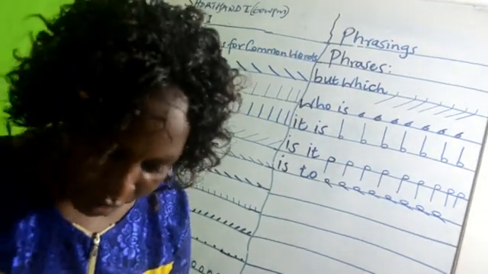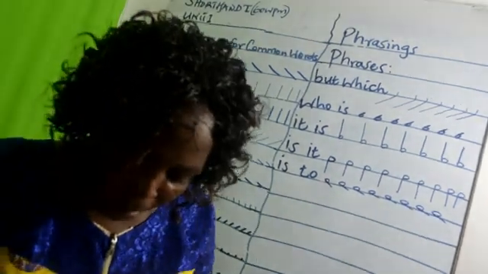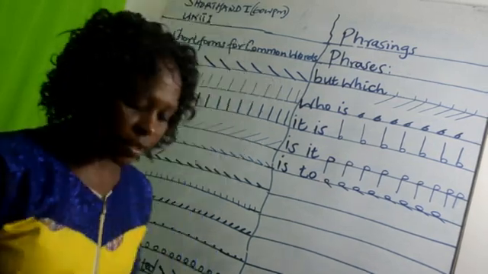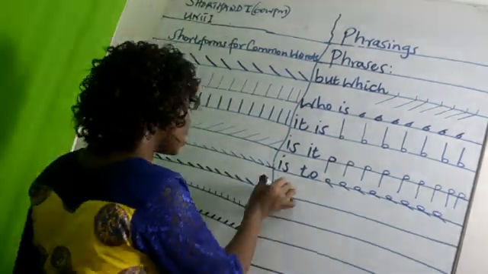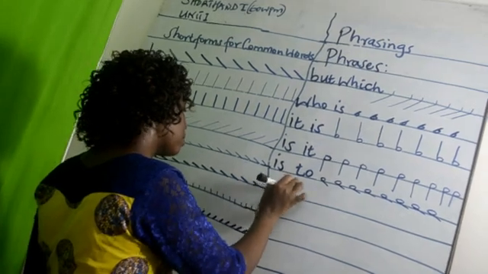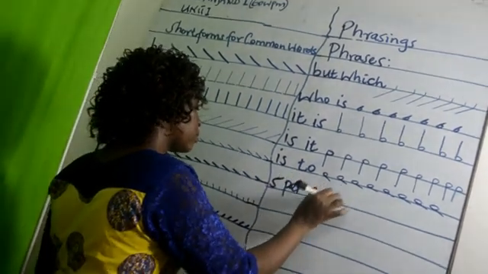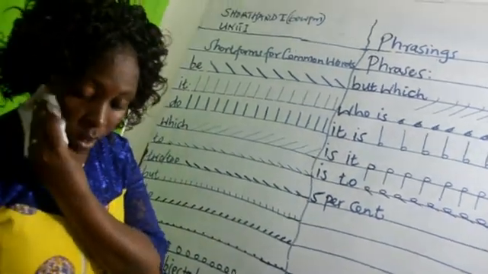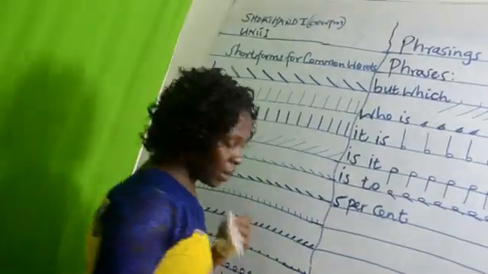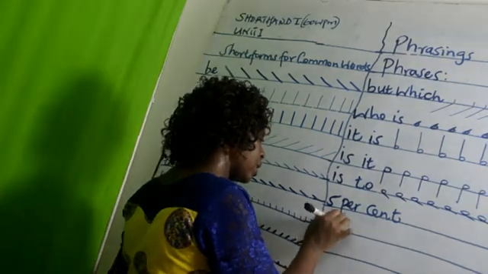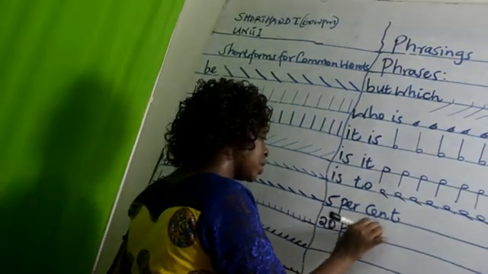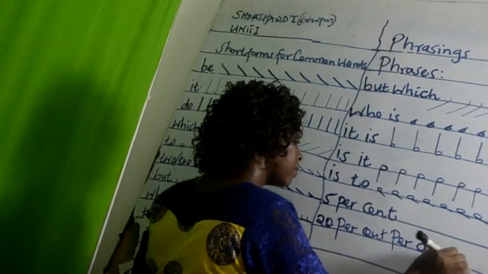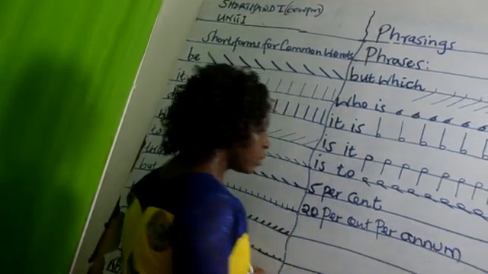So those are the braces we have, and then we have some consonant strokes that also represent braces. We have some other consonant strokes like 5%, and we have 20% per annum.